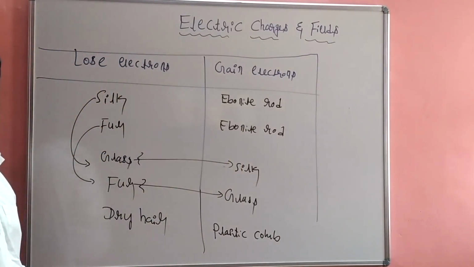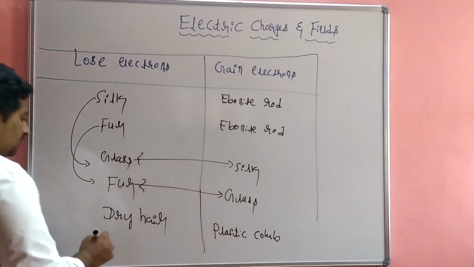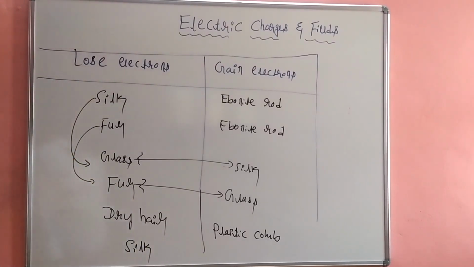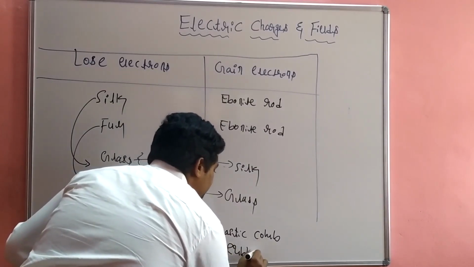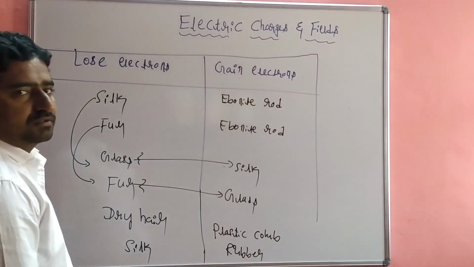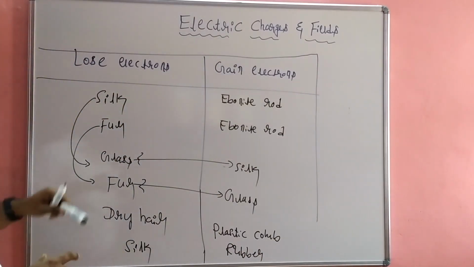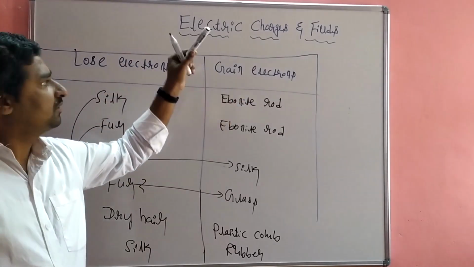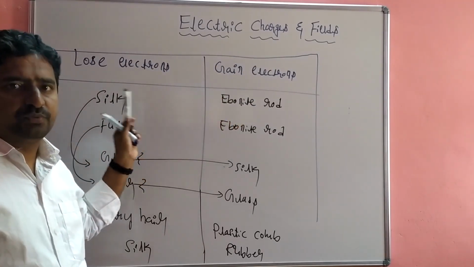When the rubber balloon is rubbed with the silk cloth, the silk loses the electron and the rubber gains the electrons. So substances are categorized as some losing electrons and some gaining electrons through interactions, rubbing, or friction with each other.